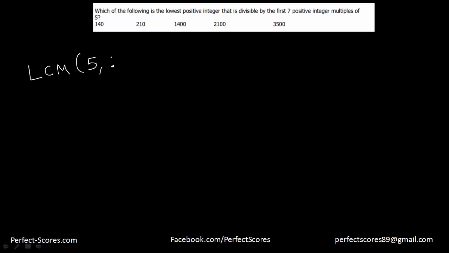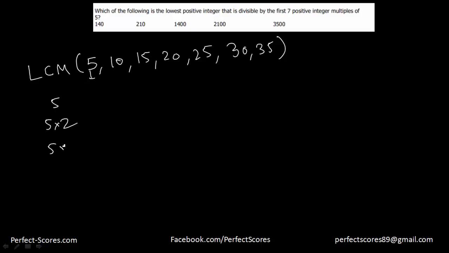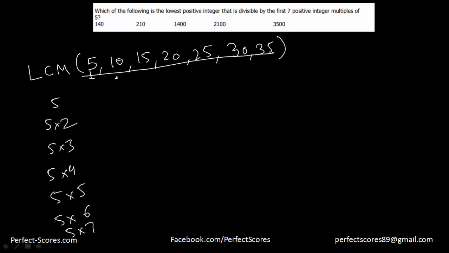So 5, then 10, 15, 20, 25, then we have 30 and 35. So we have to find a number, the LCM, which is divisible by all these numbers. Now what we're going to do is, this is nothing but 5. This is 5 times 2. This is 5 times 3, 5 times 4, 5 times 5, 5 times 6, and 5 times 7. So these are these 7 numbers here.